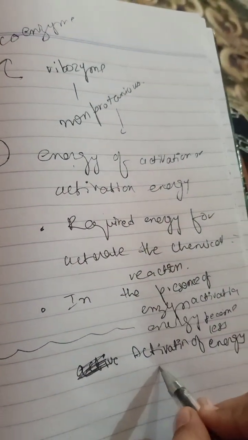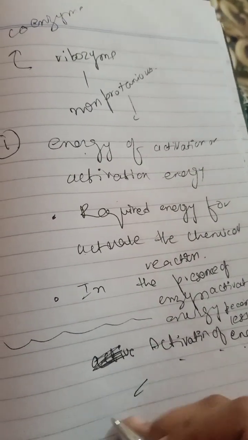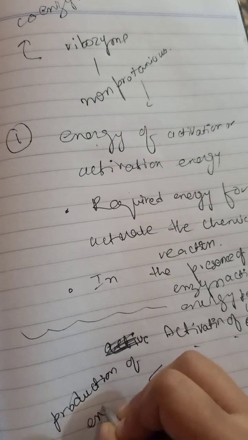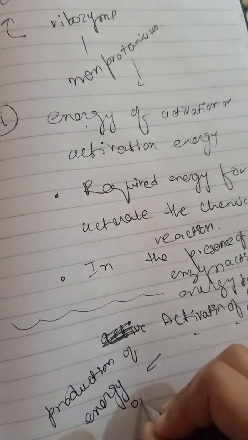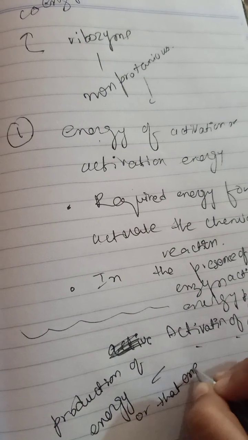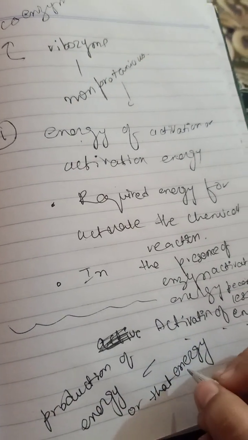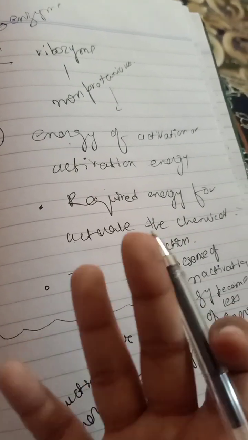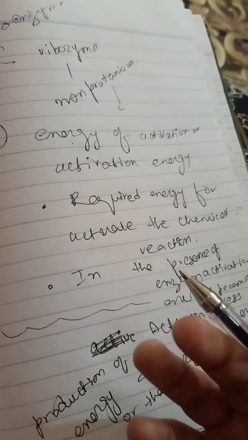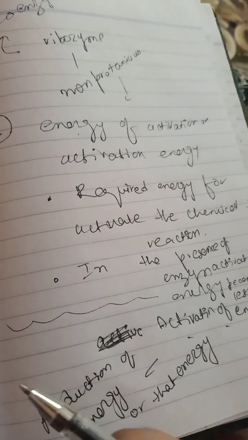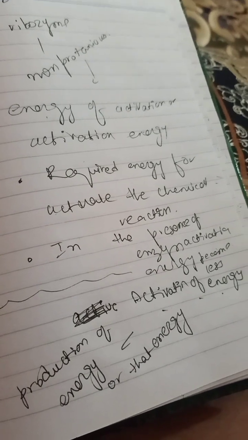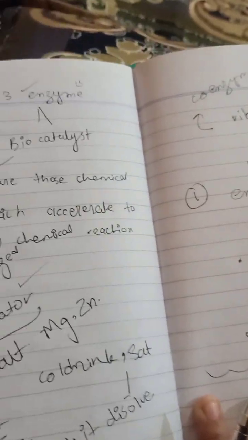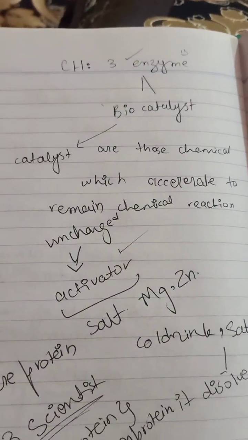Here we have activation of energy, which means the production of energy, the energy produced, that energy which gives us energy. Where the enzyme is present, less energy will be needed, but if the enzyme is not there the energy will become more. Okay, so here we have a small introduction about the enzyme, that is, what enzymes actually are.